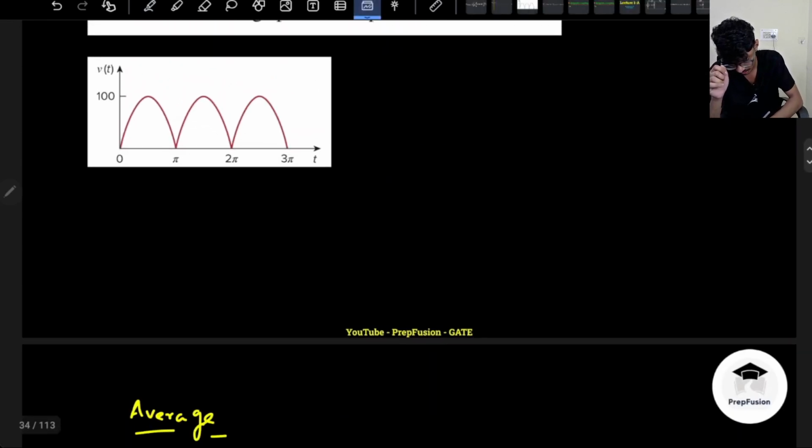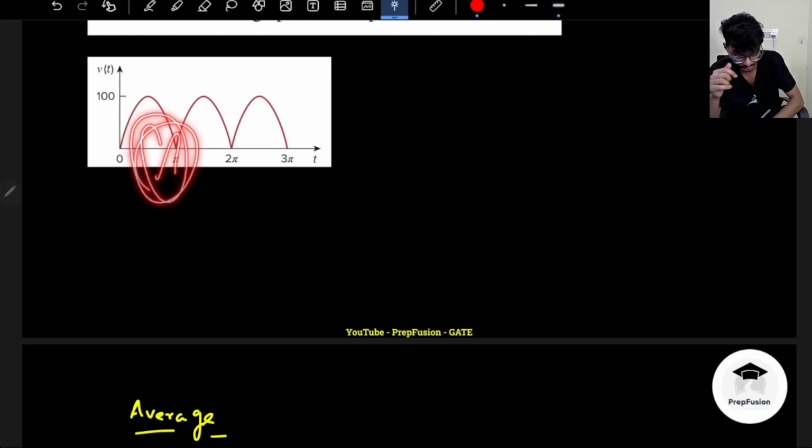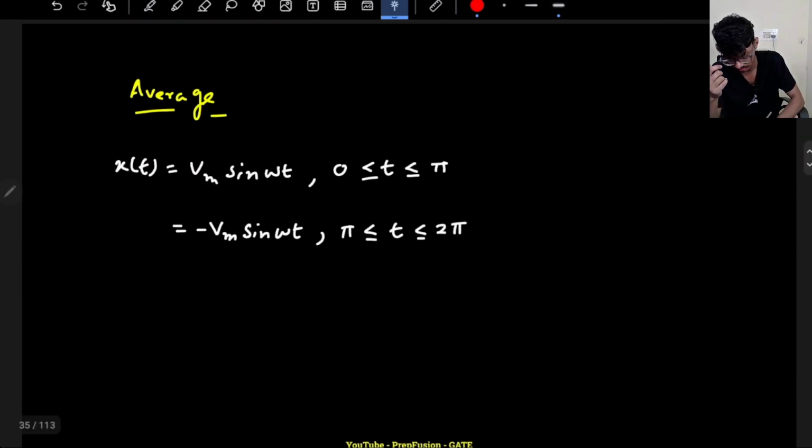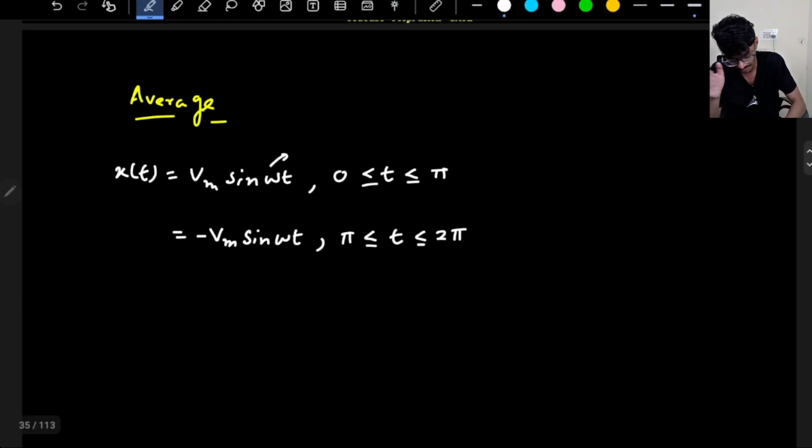At omega t equals pi, it is going to 0, so basically my omega is 1. Omega for this particular waveform is simply 1, because at omega t equals pi I am getting 0, and 0 happens when the angle of the sinusoid is pi. So yeah, it is simply 1 only.